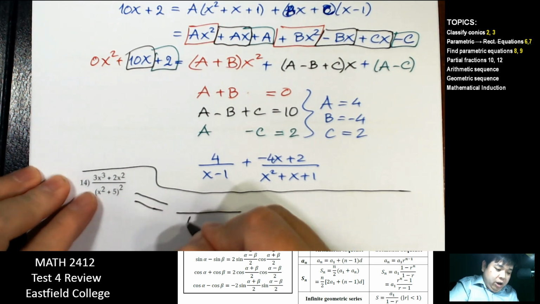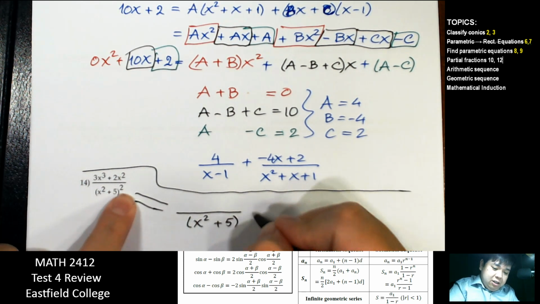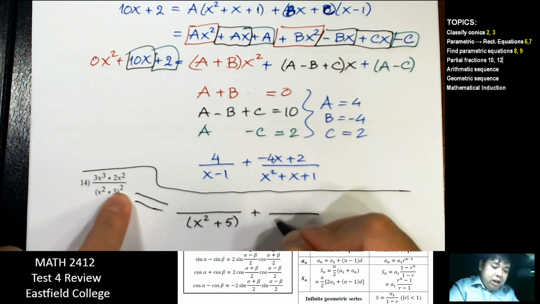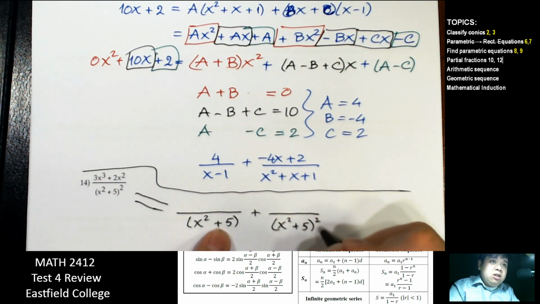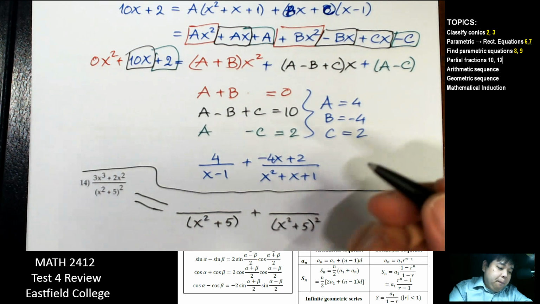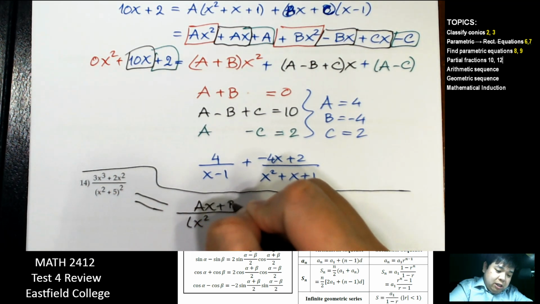We have the x squared plus 5, but repeated. Since this is squared, we have 2 of them. One with the first, one with the second, because we only have 2 of them. On the top, we just put ax plus b, and then this.